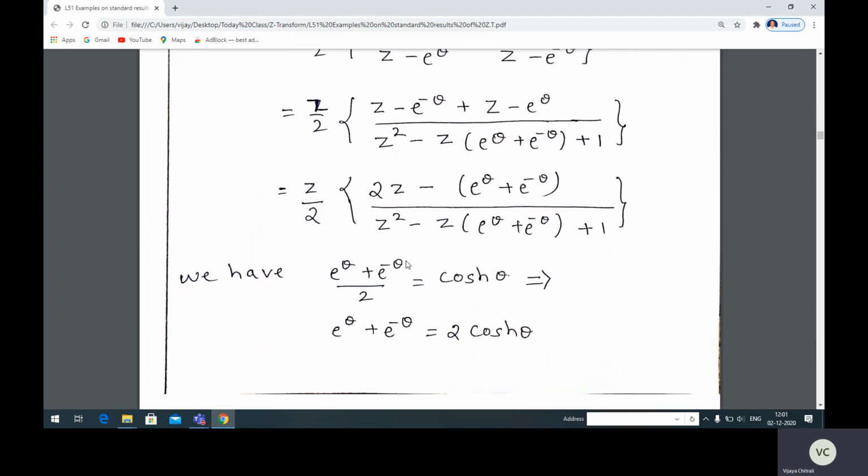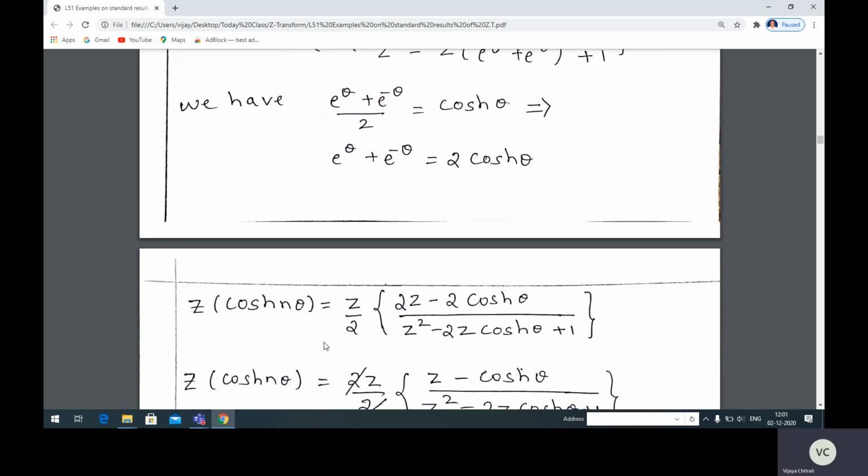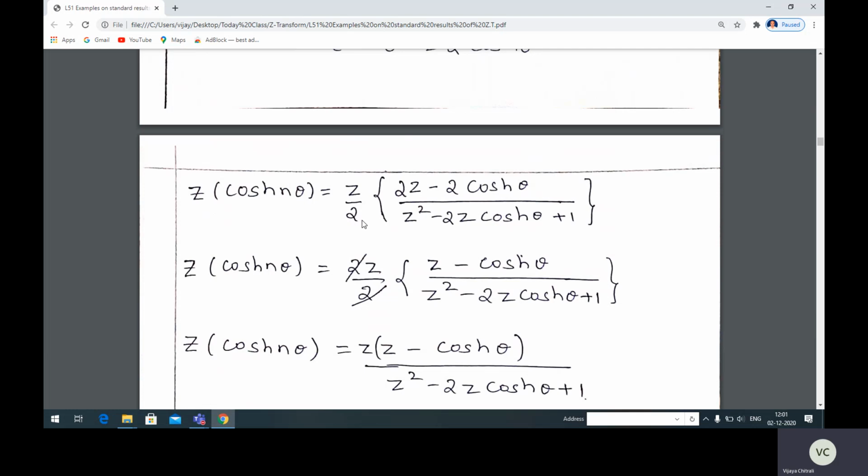E raised to theta plus e raised to minus theta divided by 2 is cos hyperbolic theta, and take this 2 to this side. So substitute here. We'll get it here as z by 2 into 2z minus 2 cos hyperbolic theta divided by z square minus 2z cos hyperbolic theta plus 1.